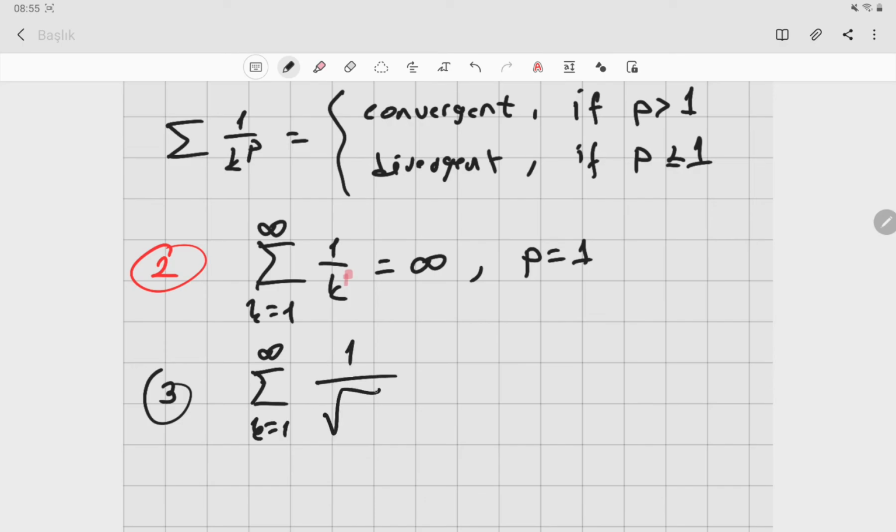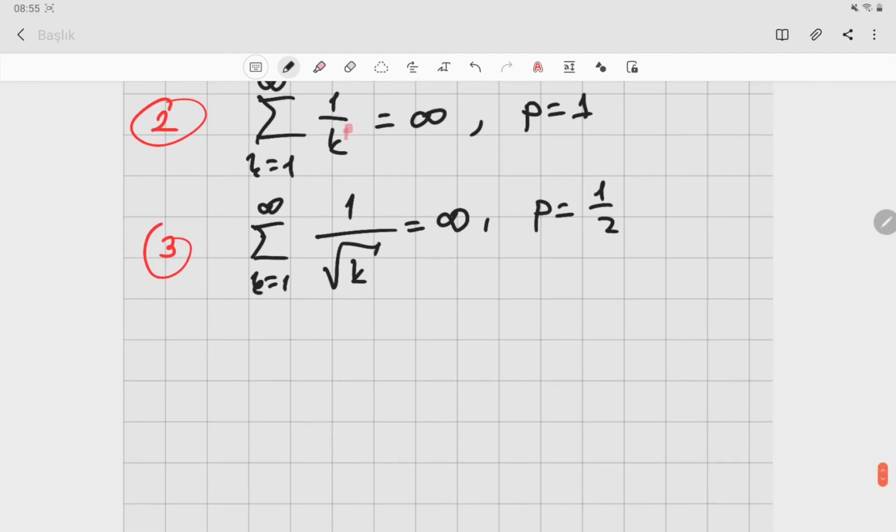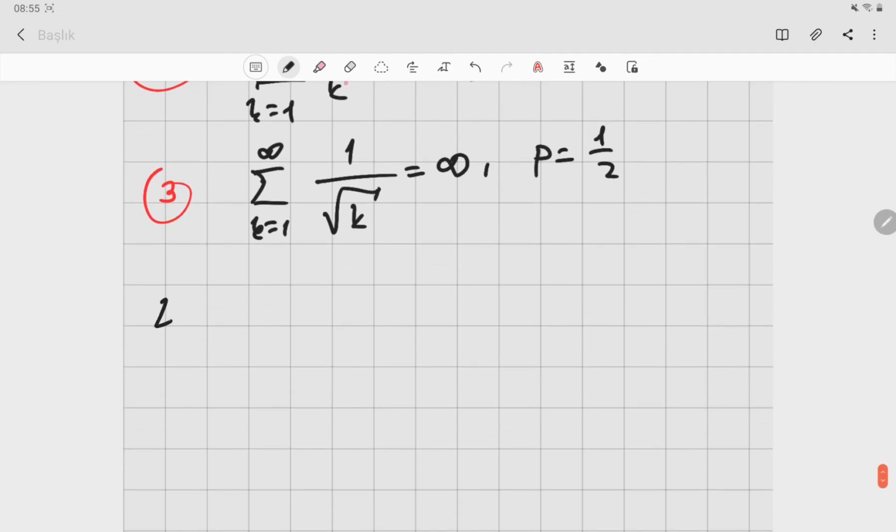One over square root k equals infinity because P equals 1 over 2.